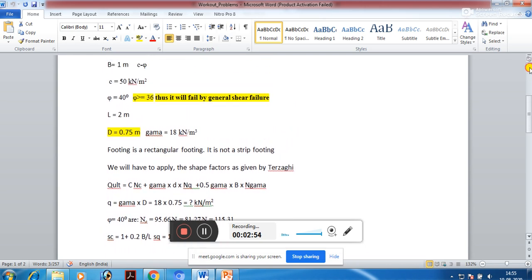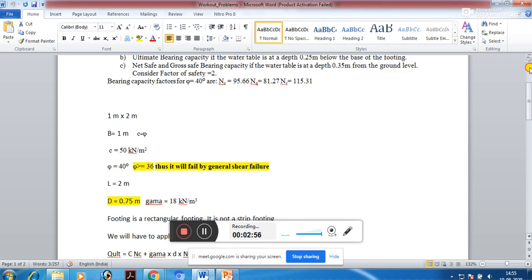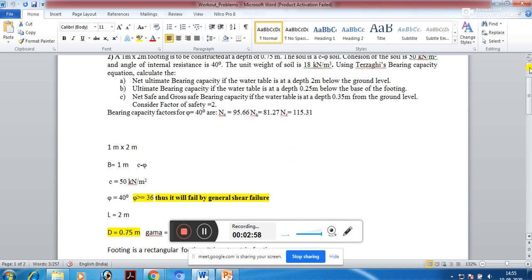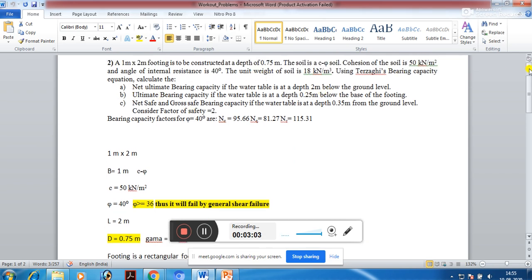See, a similar problem, but with different data, a different kind of problem definition. The same footing remains, 1 meter by 2 meter, 0.75 depth, soil with C and phi, cohesion and angle of internal friction the same, unit weight the same.